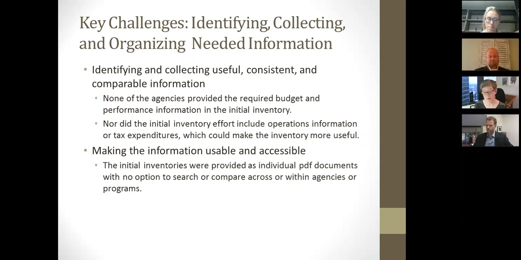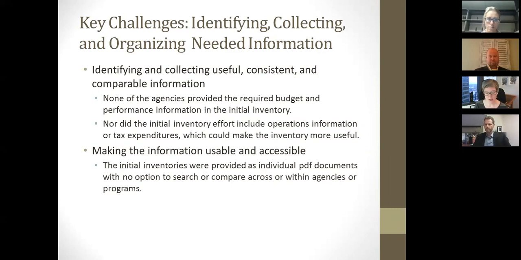And that's hard both because you have to decide then what to collect, and then it has to be consistent and done across all of the various programs and all of the various agencies.